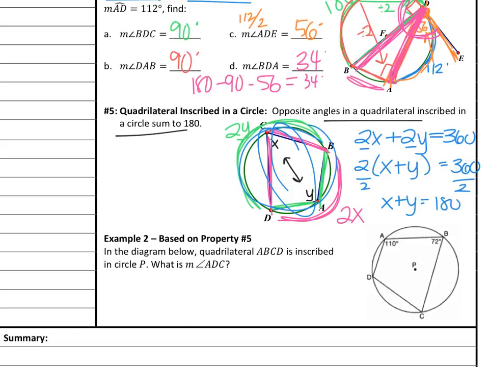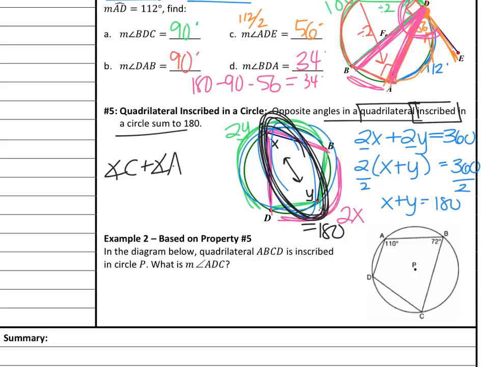So this is where the rule comes from, but all you have to memorize is that these two together, opposite angles in a quadrilateral inscribed in a circle, it's very specific, in a quadrilateral inscribed in a circle, equal out to 180. So this is angle C plus angle A equals 180, and really I should be putting measure of. And the same thing can be said about angle B and D. Measure of angle B plus measure of angle D equals 180.